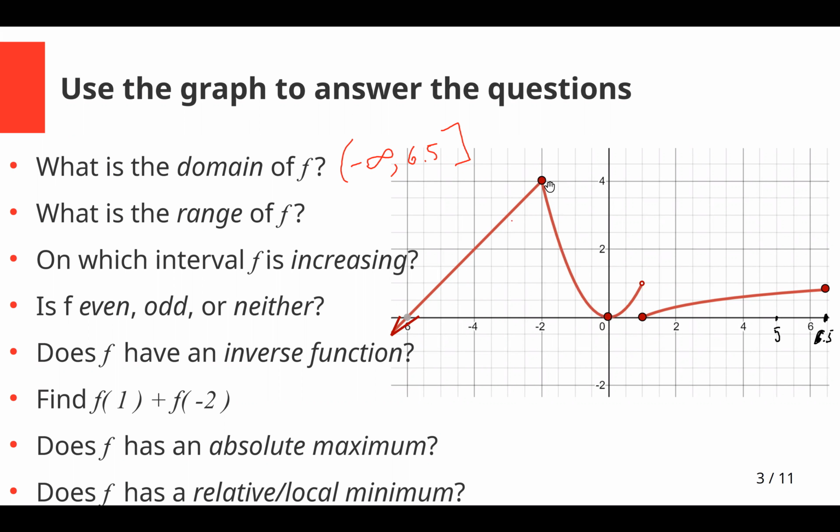Between 0 and 4, definitely there. Now, what happens below 0? We go to infinity. So for the range, it will be heading to negative infinity. And above 4, we will never rise, because we don't have the graph there. So 4 will be the ending point for the range.